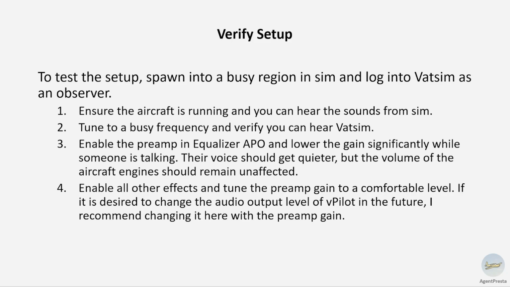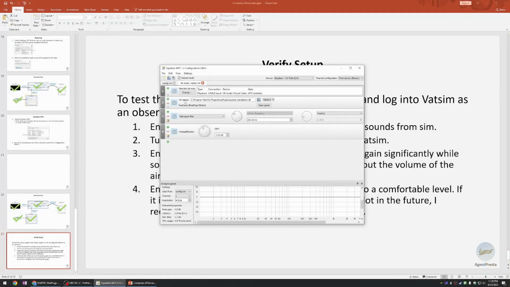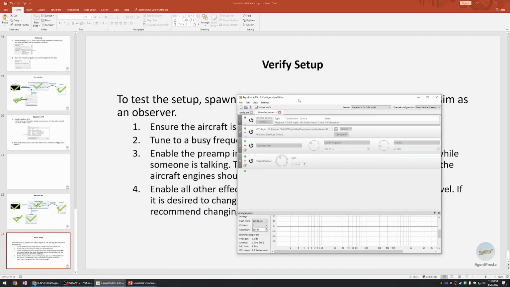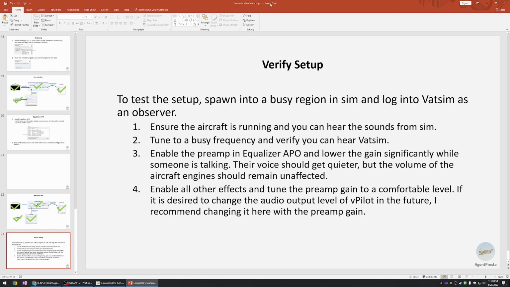I would say come over here to Equalizer APO, and the nice thing is you can easily disable these things. So I would recommend disable everything. If you disable everything, you should hear all your sounds as they would normally be. You should hear your aircraft engine, you should hear people talking on VATSIM, should be as if nothing has changed.